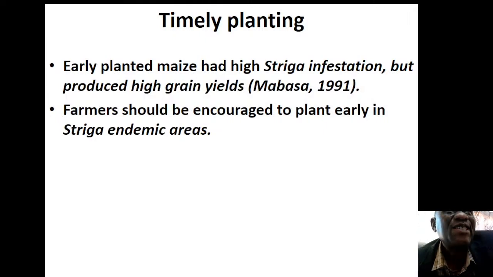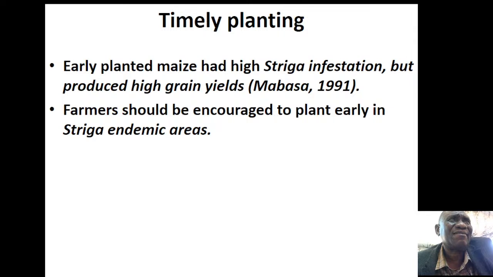Well, the other issue is timely planting. Early planted maize had a higher Striga infection, but produced high grain yields. So with early planting, you may not succeed in reducing the population of Striga, but at least the farmer can harvest something.